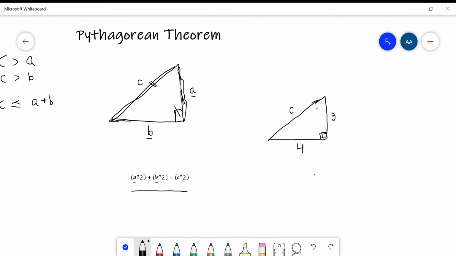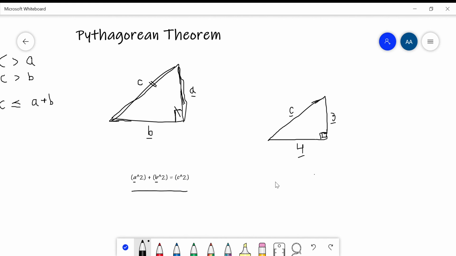So we have 3 as a side length here, we have 4 as a side length here, and c, which we're going to try to solve for. So let's put it into the Pythagorean theorem. And this right here is the hypotenuse. C is going to be the hypotenuse for us. We're given A and B, and we're going to solve for C.